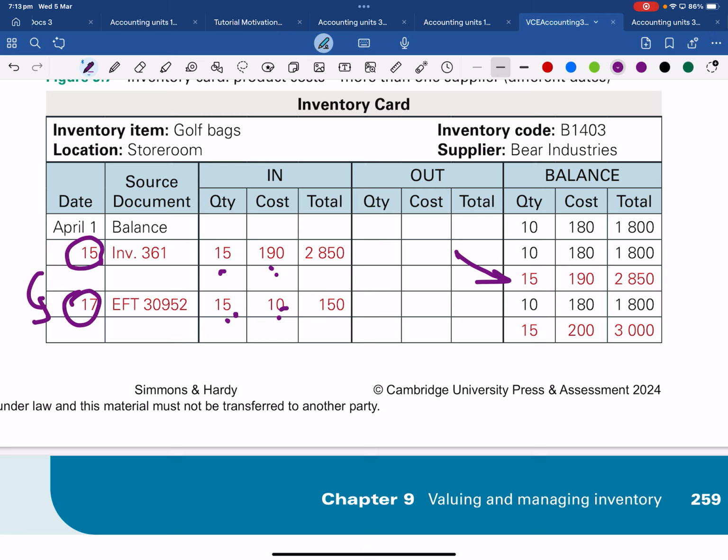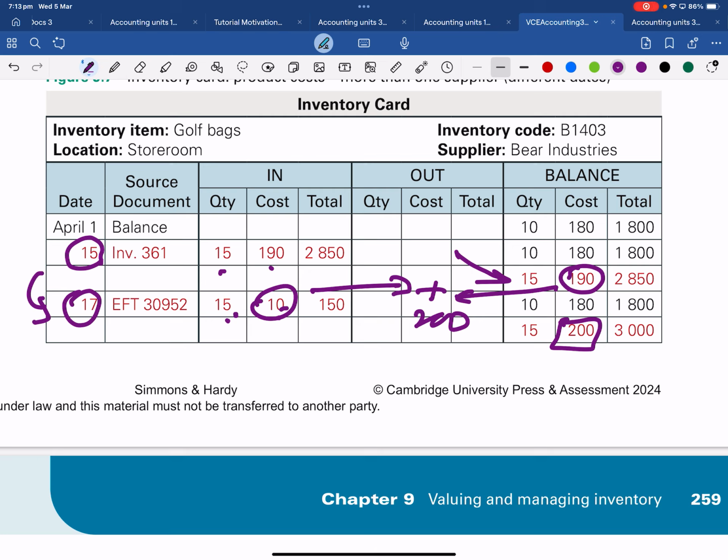This 190 and 10 you are adding together, and saying how much? 200, which is here. We add 190 and 10 because 15 at 10 is not a different set of inventory. It's the same thing, but we paid on a different date with a different source document.